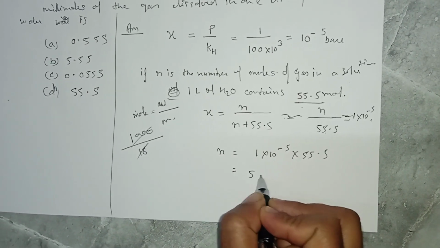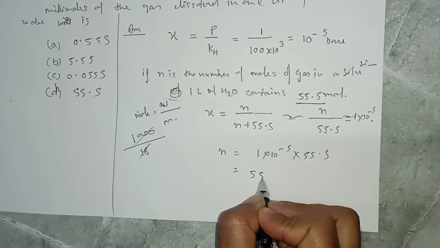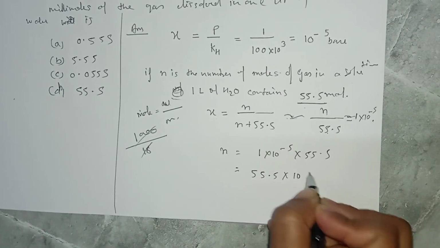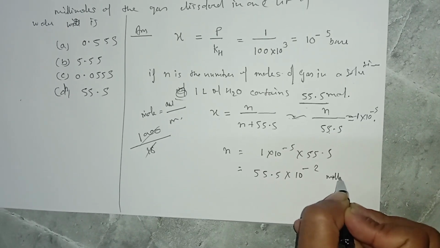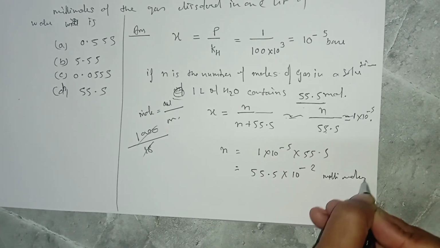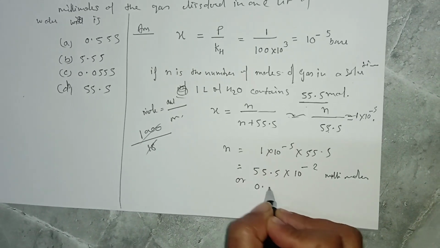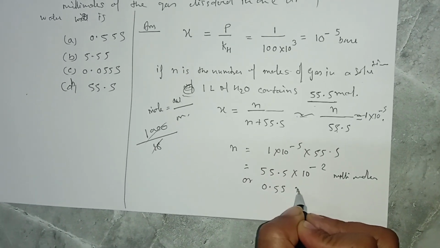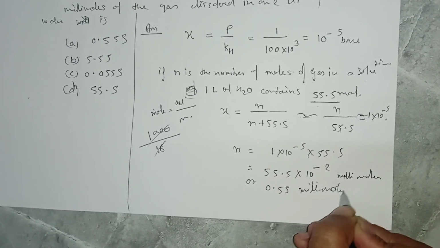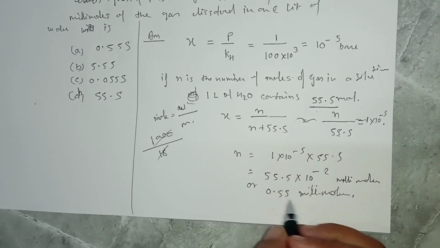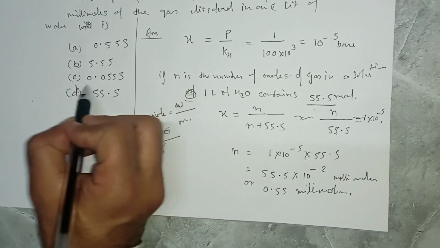So ultimately we'll have 55.5 into 10 to the power minus 2 millimoles, or 0.55 millimoles. So which answer is it? 0.55.